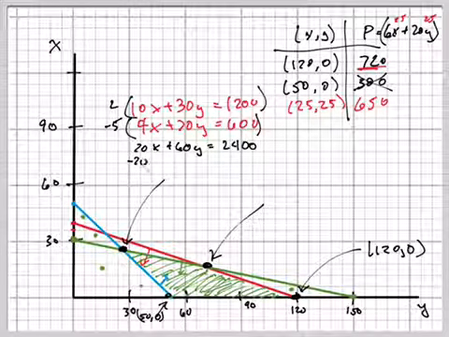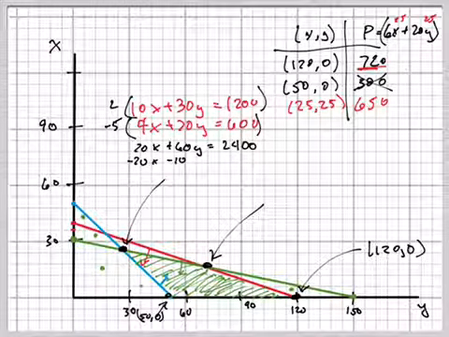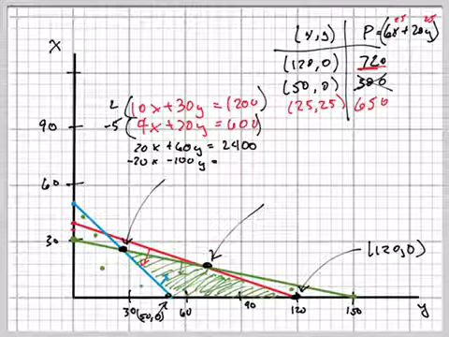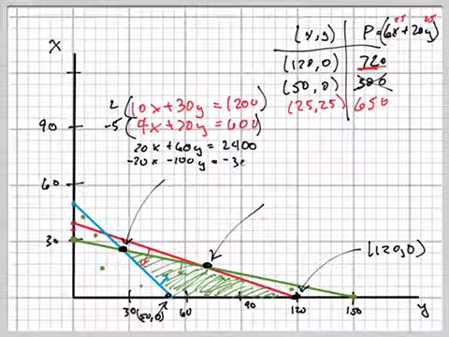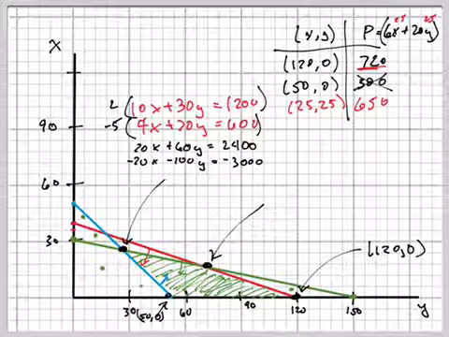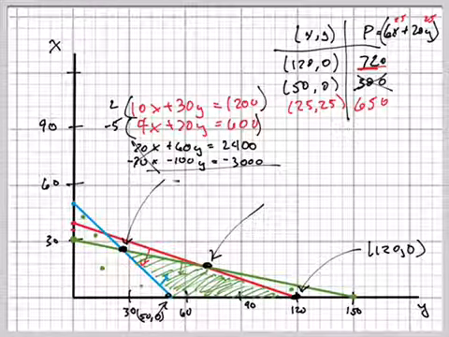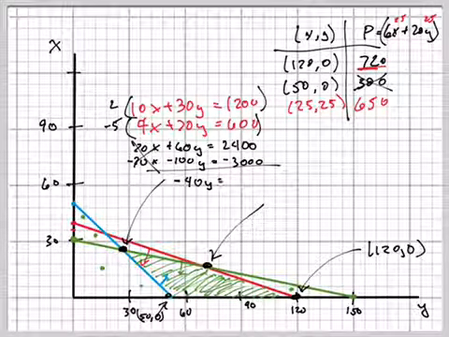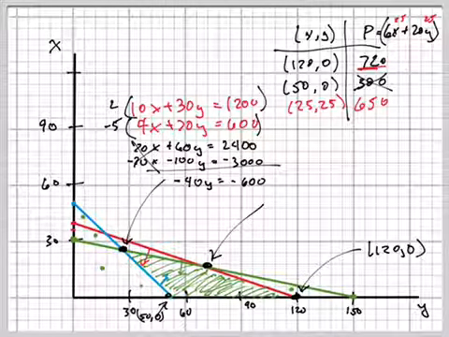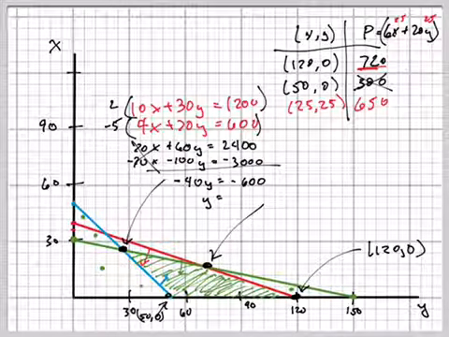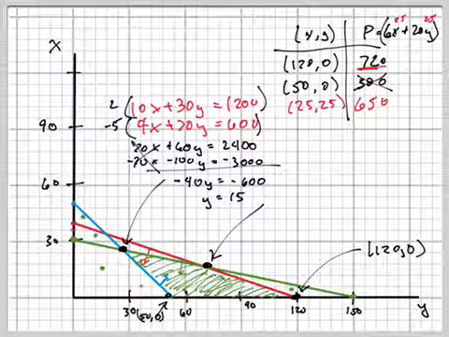And this one is -20x minus 100y equals -3000. That cancels. That becomes -40y equals -600, which means y equals, what is that, 15?